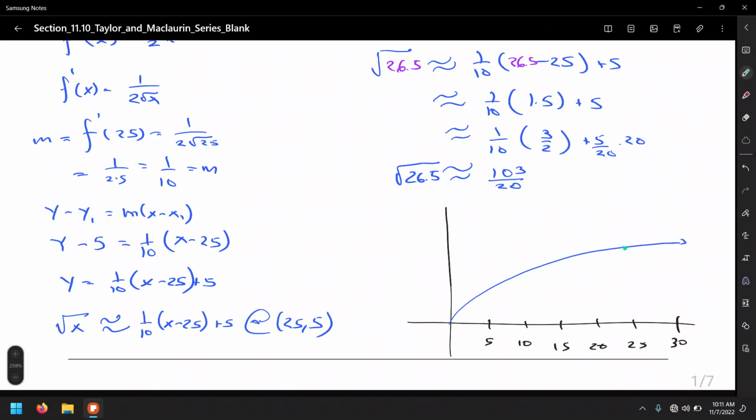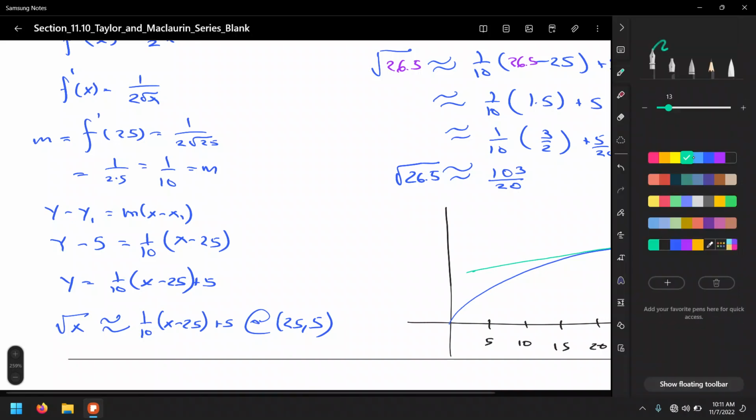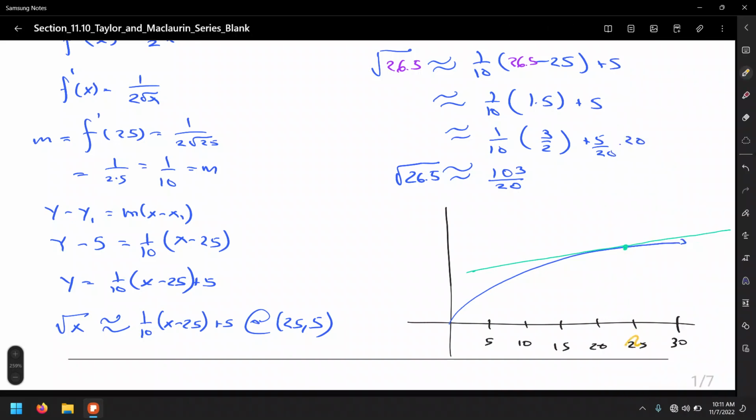So we found the point of tangency, the equation of the tangent line. And notice how at a few points around 25, the actual value, which is the value on the graph of the square root of x, is pretty close, if not the same, as the one in the linear approximation.